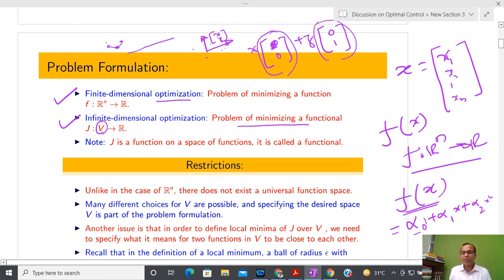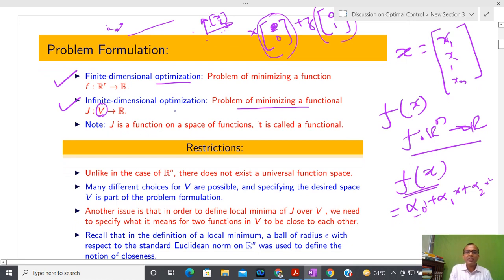Now let us see the restrictions whenever we are moving from a finite dimensional optimization problem to an infinite dimensional optimization problem. One more important point I am going to highlight is that there is no need to worry about the constrained optimization problem, because we have already seen that if I am able to embed the Lagrangian multiplier, then the constrained optimization problem is converted into an unconstrained optimization problem.